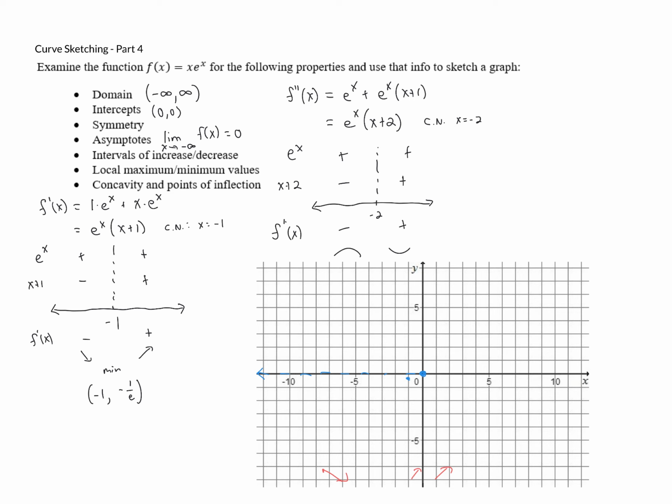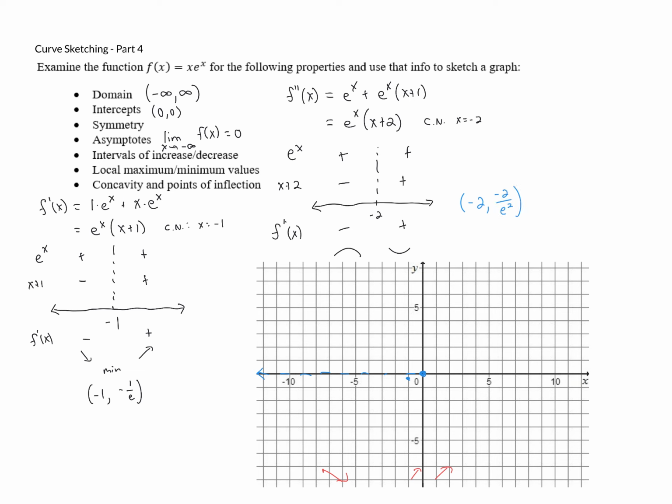So we've actually got one more point we need to put on. We need a point at negative 2, because that is where our inflection point is going to be. So that's going to be at negative 2, comma, and then that's going to be negative 2 over e squared.